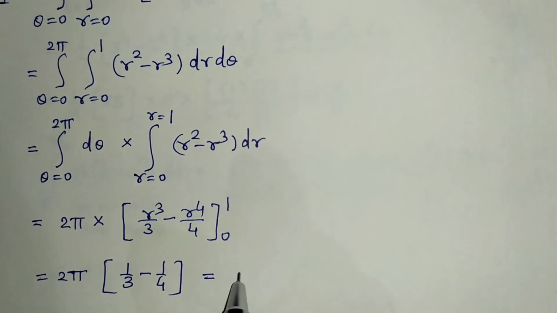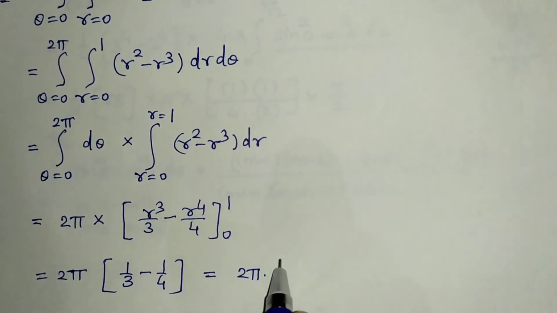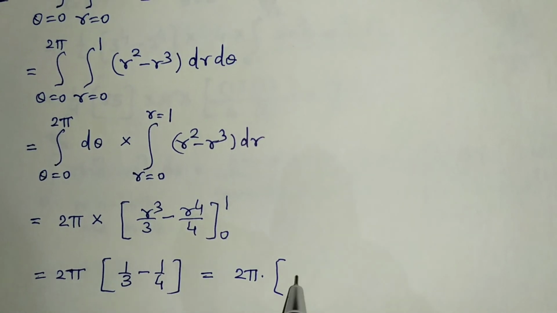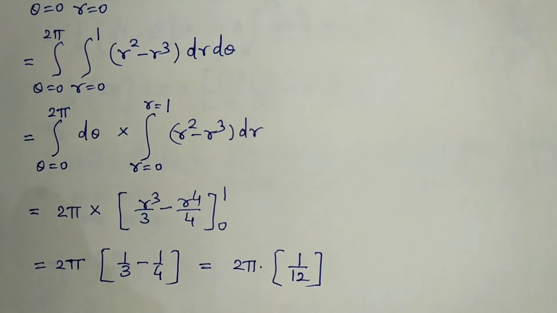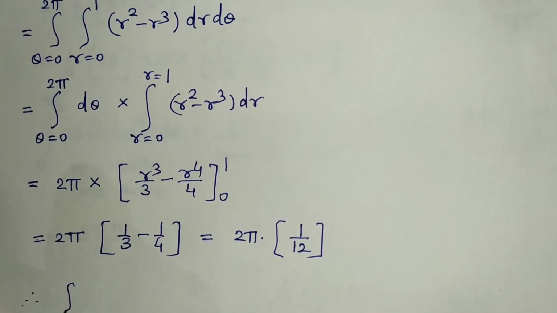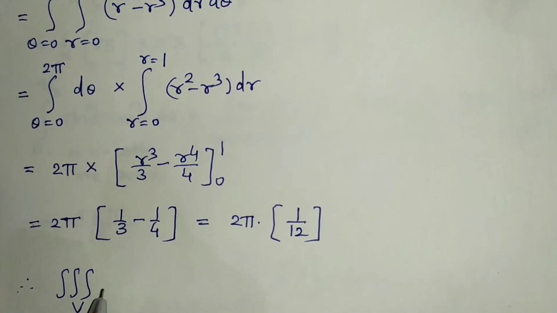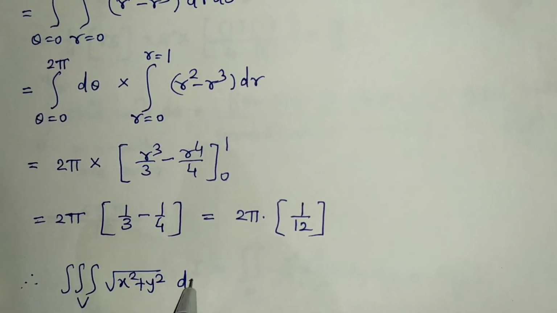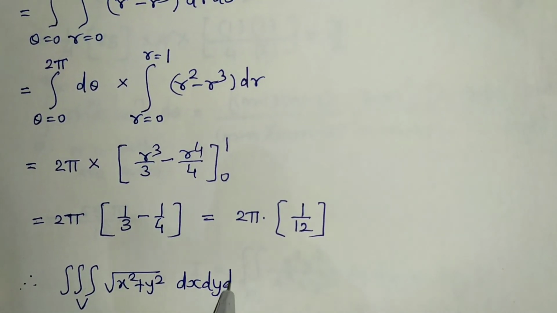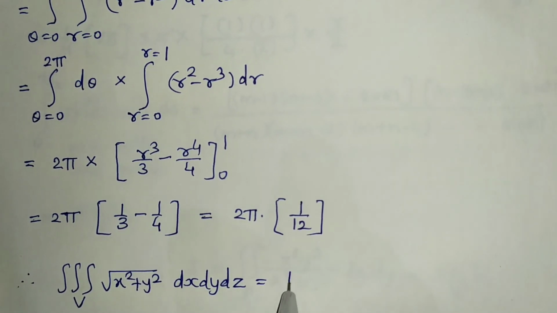Simplifying, it is 2 pi into 1 by 3 minus 1 by 4, that is 1 by 12. Therefore the triple integral over V of root of x square plus y square dx dy dz is equal to pi by 6.